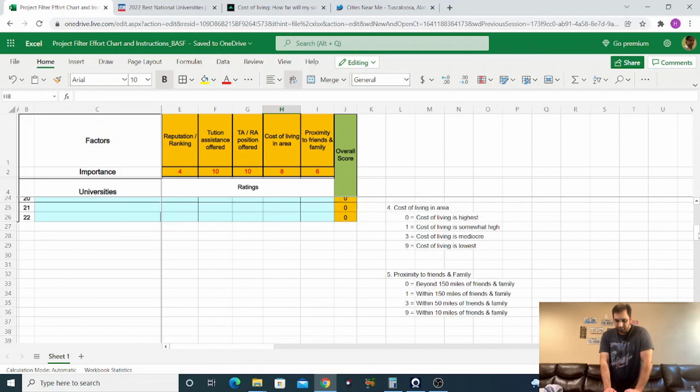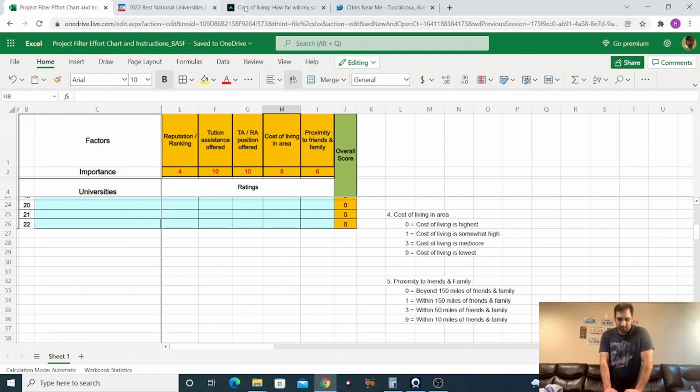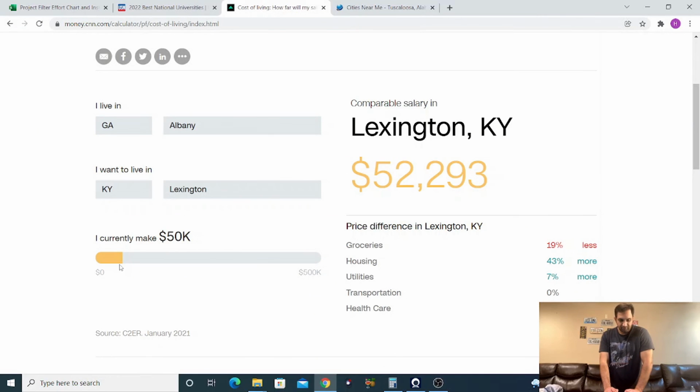So if you go to cost of living, one thing you might want to try is change this value a little bit and see if that changes the difference as well. Sometimes just increasing this number here might significantly increase the cost of living in your destination.